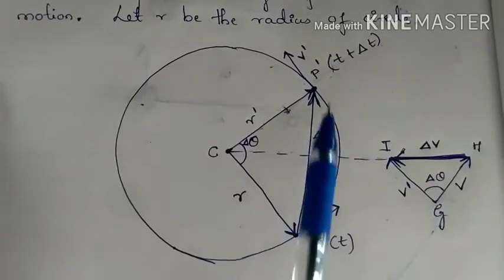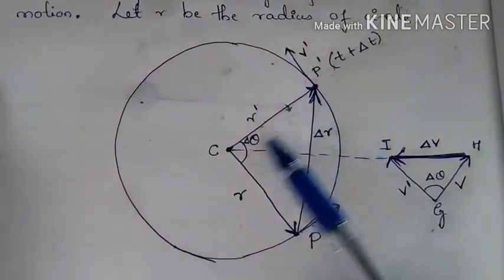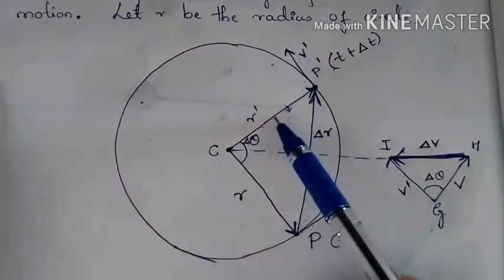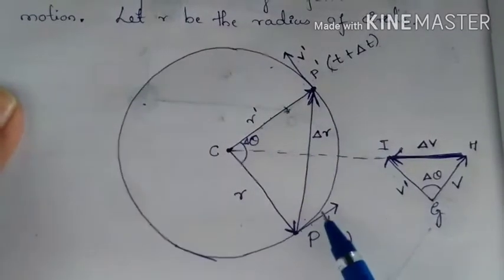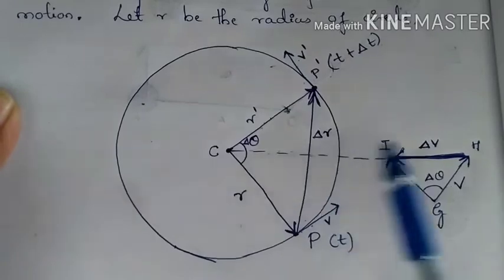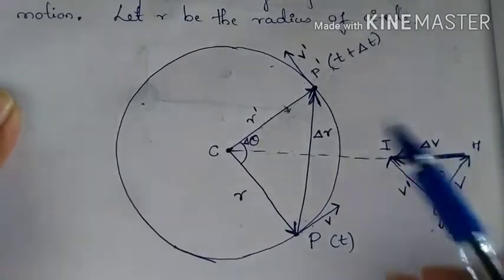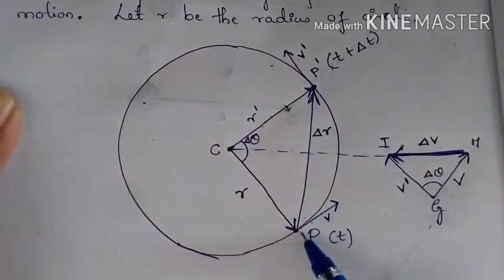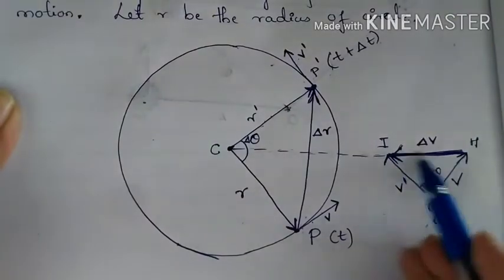If you observe the diagram again, as I said, V prime is perpendicular to R prime and V is perpendicular to R. Here is delta R and here is delta V. Delta R is this vector and delta V is this vector.